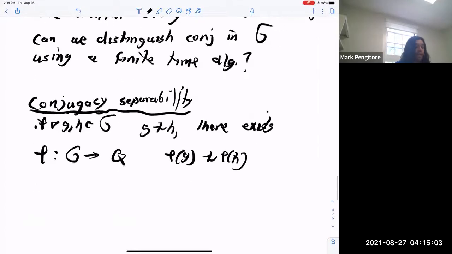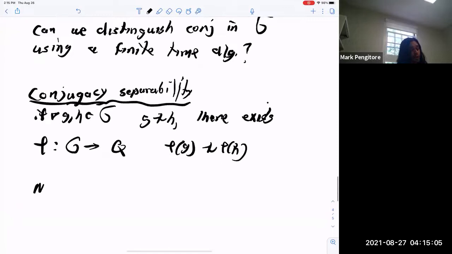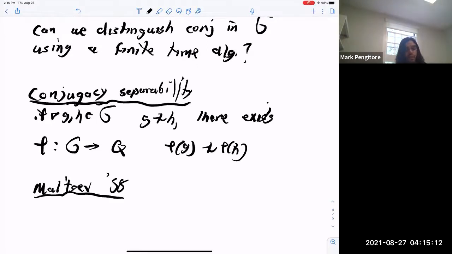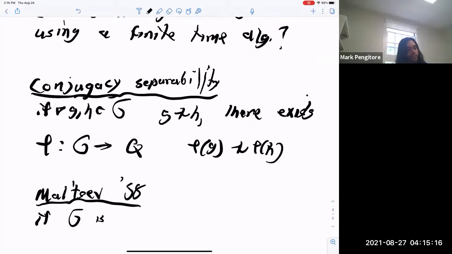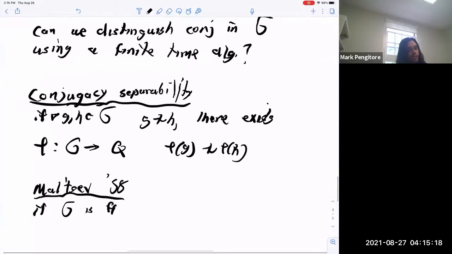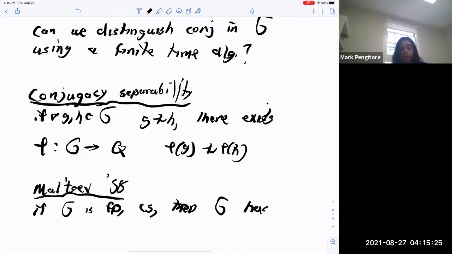Okay, and then Mal'cev also showed the following in the same paper, that if G is finitely presented and conjugacy separable, then G has a solvable conjugacy problem.